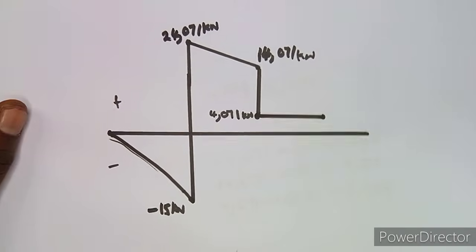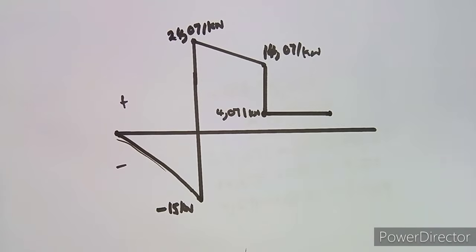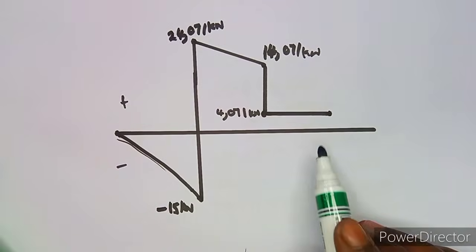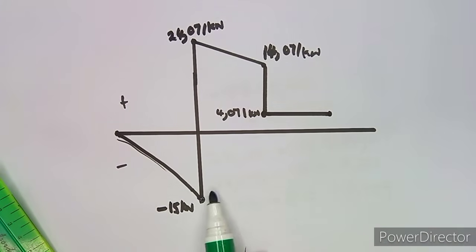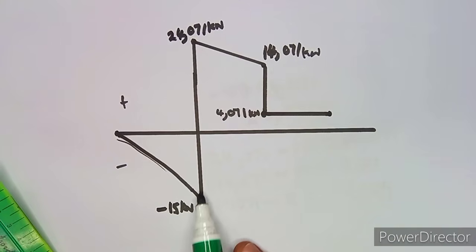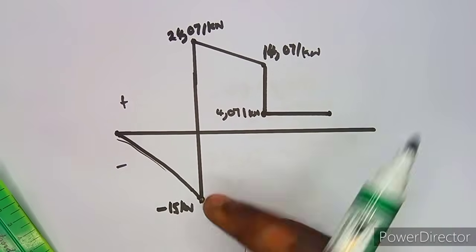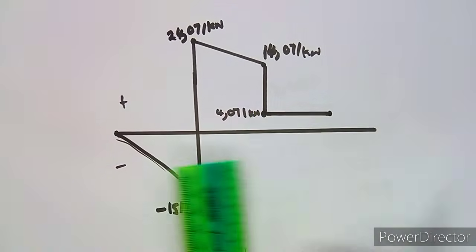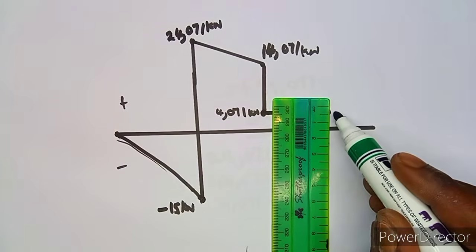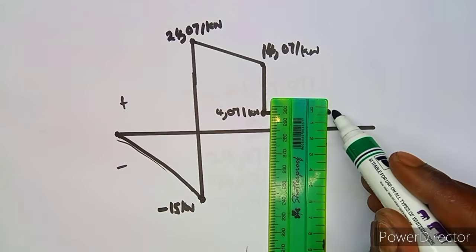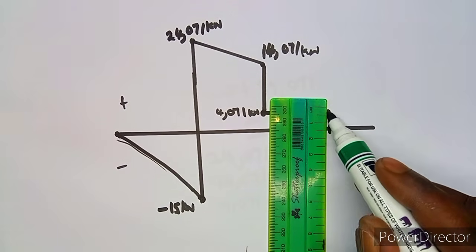So let's go downwards, guys, until minus 5. As we are going downwards to minus 5, we must take note that this is minus 15. So minus 5 should be a little bit above minus 15, so that it won't seem like you are doing a sketch there. You must do something that shows you are understanding what you are doing.